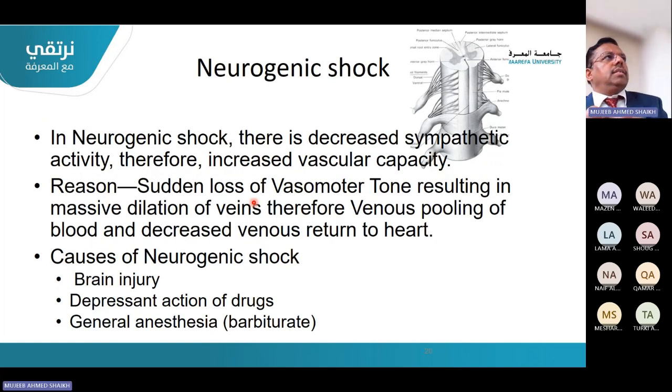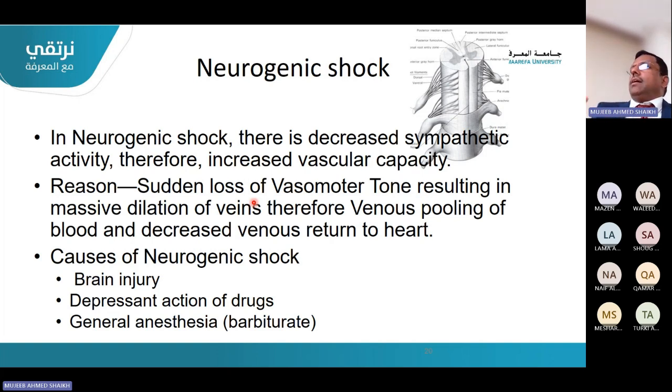Neurogenic shock is whenever the vascular tone is decreased because sympathetic supply to the blood vessels is decreased because of injury to the spinal cord. Either injury to the spinal cord, or maybe during surgery, if you give a large amount of general anesthesia because you want to suppress the activity of the nervous system.